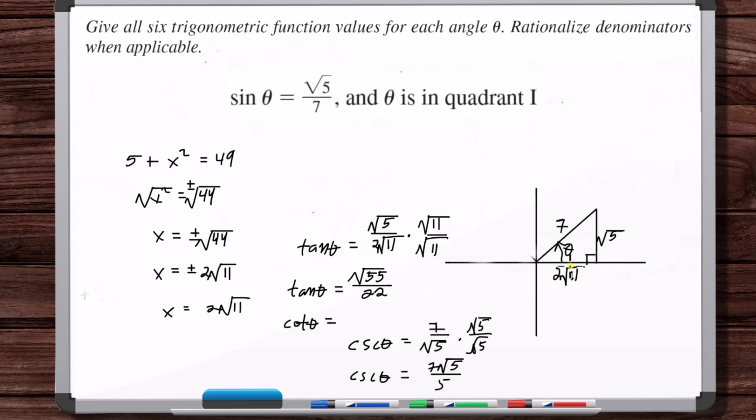We're going to have to do the rationalizing anyway. So 22 over root 55. So cotangent is equal to root 55 over root 55 times this, which is 22 root 55 over 55. And actually, divided by 11, this is 2 root 55 over 5.